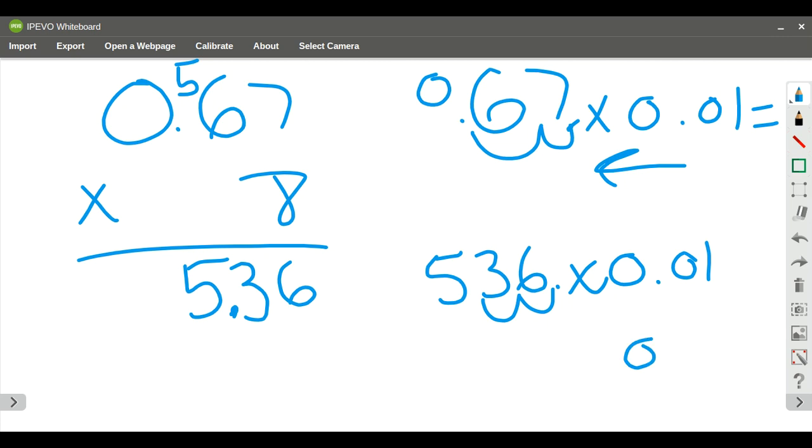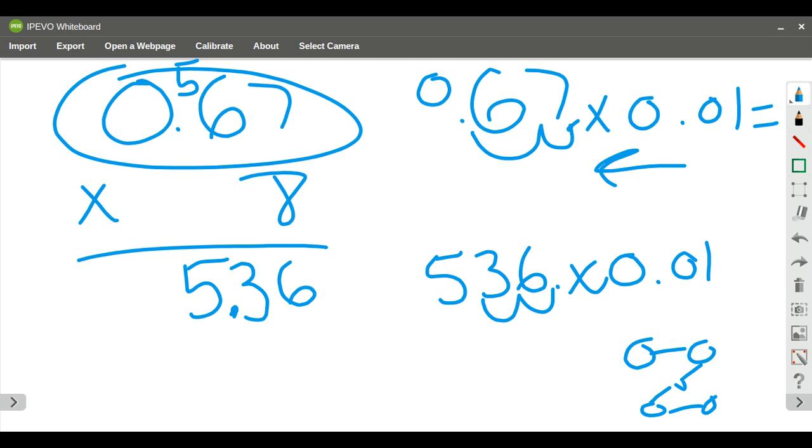Now remember, we talked about we're looking for patterns that will help us solve this. Okay, so here I have 2 numbers behind my decimal in this factor, and here I have 2 numbers behind my product.